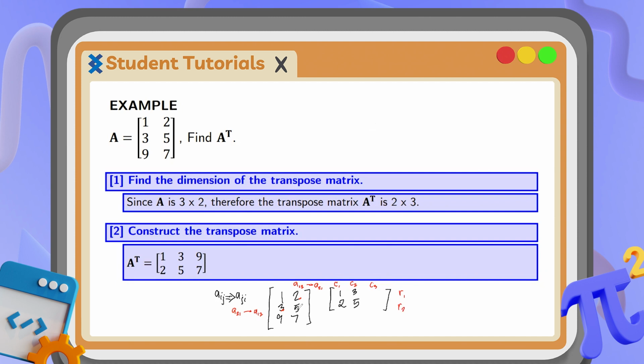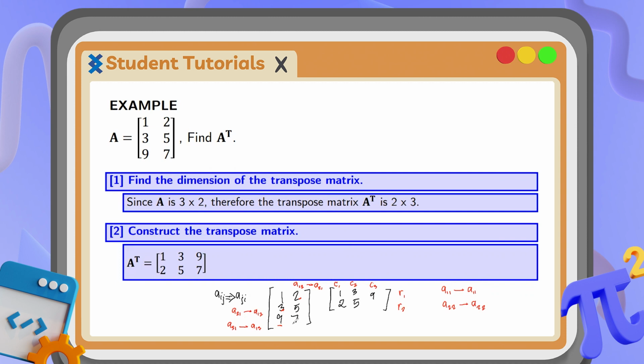Okay, then 5 and 1 will stay put because A sub 1,1 is just the same as A sub 1,1. Then A sub 2,2, swap it, it's still A sub 2,2. So the elements in the diagonal stay put. Then we continue with the others. Element 9, which is A sub 3,1, becomes A sub 1,3. So that would fall in row 1, column 3, which is over here.